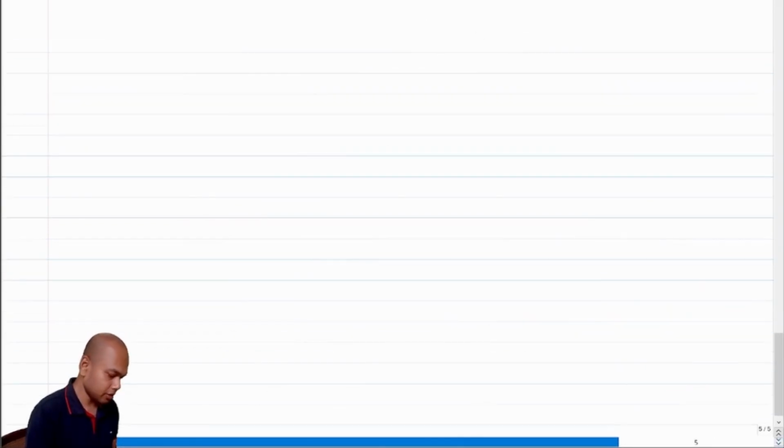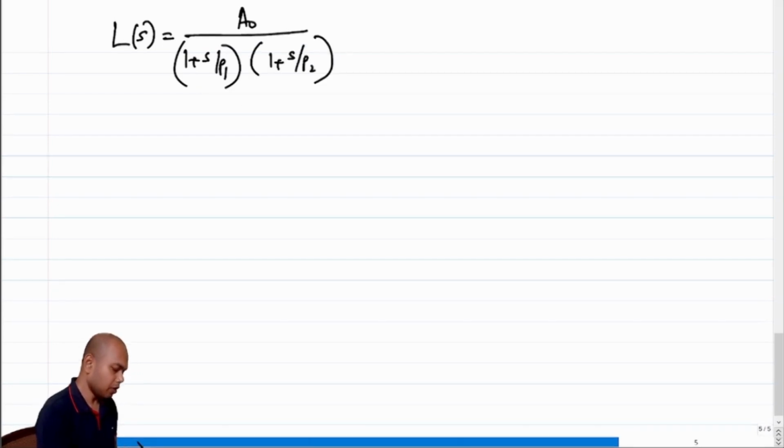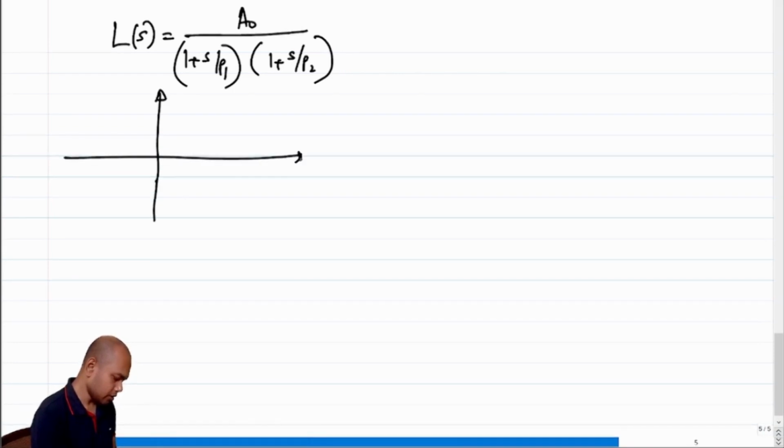What about a second order system? So let's say L of S is A naught by (1 plus S by P1) times (1 plus S by P2), right? So let's plot the Nyquist plot once again. What is mod of L?